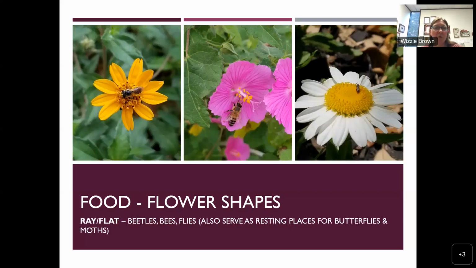When we're looking at that ray or flat flower shape, this allows a wide variety of insects getting in there. So we can have the bees, we could have beetles, and a lot of times you will see beetles. Ones that I got calls on, I'm going to say a couple years ago, was the Kern's flower beetle.